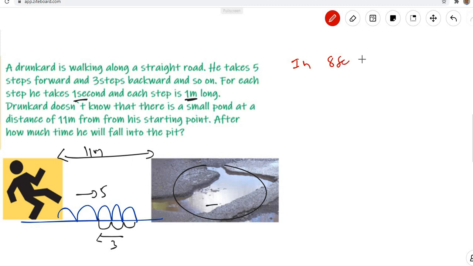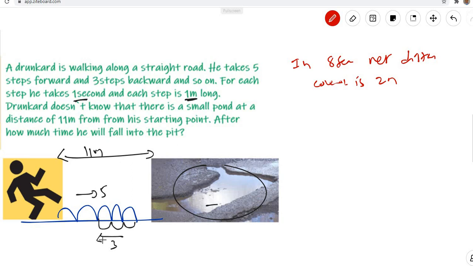In 8 seconds, the net distance covered is only 2 meters. Why? Because he is taking 5 steps forward, 5 meters, but 3 meters he is walking backward. So the net distance from his initial position is 2 meters.